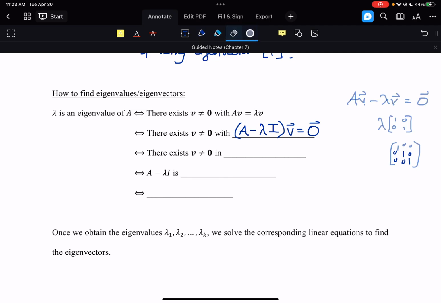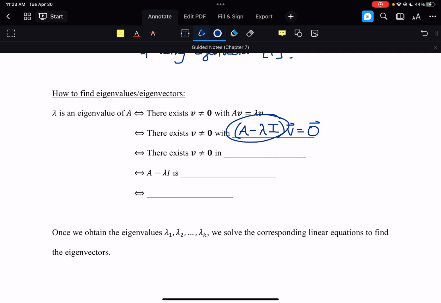So this is the relationship that we have now. This A minus lambda I is just a matrix, because you're going to take basically lambdas down the main diagonal and subtract that away from A. So you're going to have a new matrix here times a vector equals 0. This system of equations that we've established here is how we define the null space.